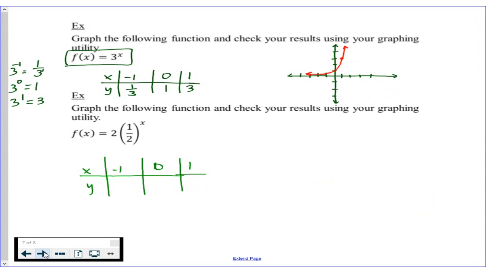Okay, now give me the y value at x negative 1, 0, and 1. Anyone who evaluated this function? Write in the chat.